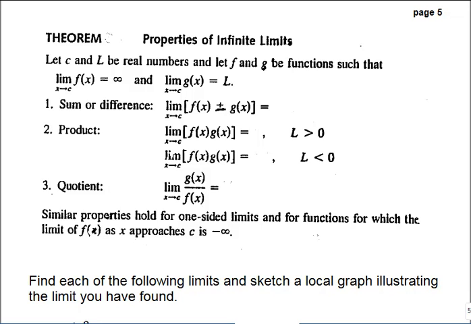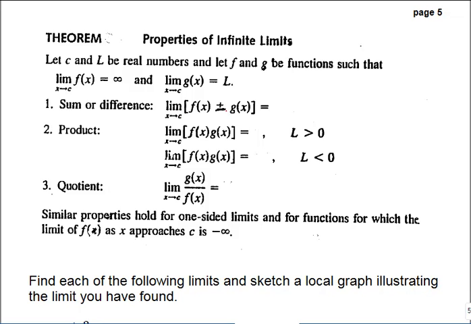A couple more properties. This time let's let c and L be any real numbers, and let f and g be functions such that f goes to infinity and g goes to L. So what would be the sum or difference, the limit as x approaches c of f of x plus or minus g of x? Well, our limit laws again would apply here.